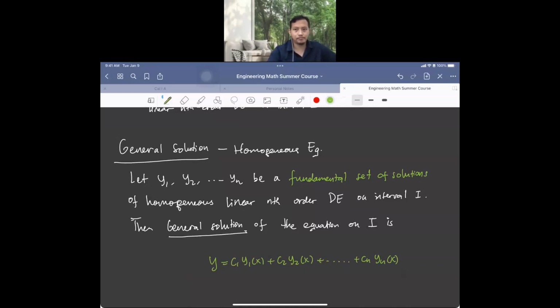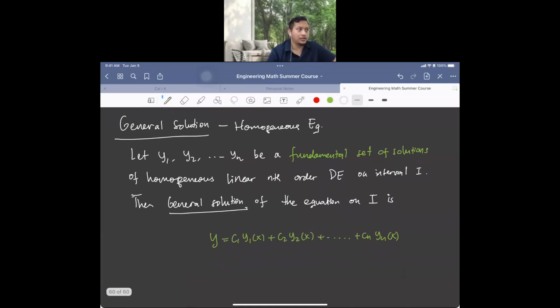Okay, that is the general solution where the c are arbitrary constants. I think the proof is not really important to know, so I can skip the proving.